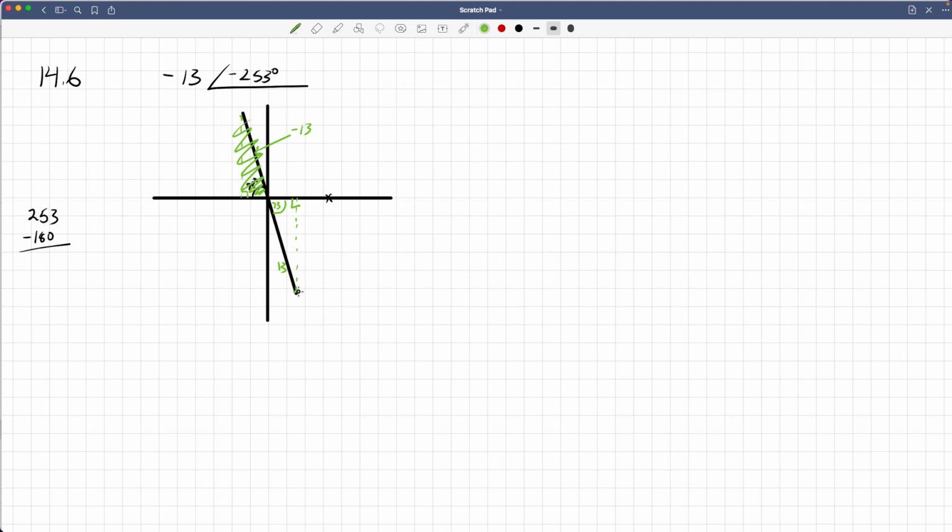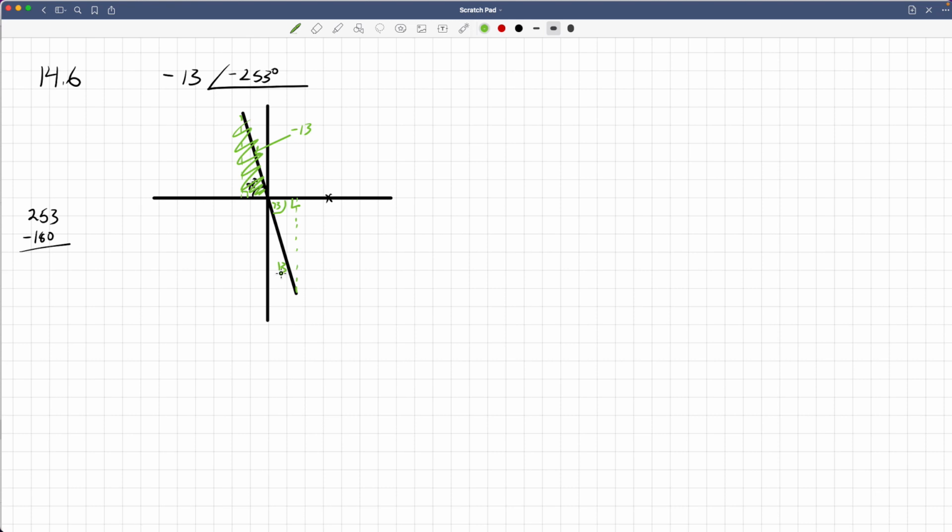This is actually what it is. So now that we have this degree measure and this right triangle drawn, and we have the length of our hypotenuse, now we can start to figure some things out.